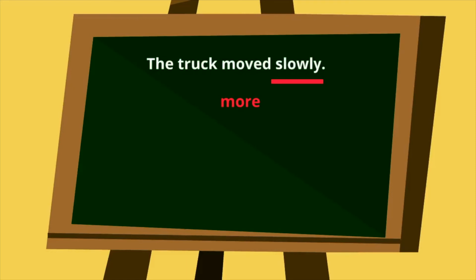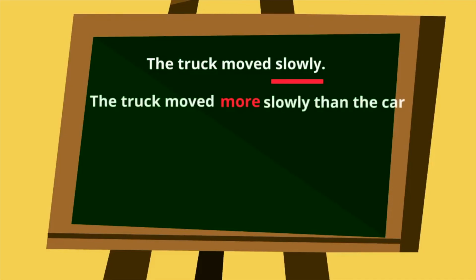The adverb here is slowly. The truck moved slowly. Now, if I'm going to compare the way the truck moves to the way the car moves, I'm going to add the word more because the adverb here ends with ly.